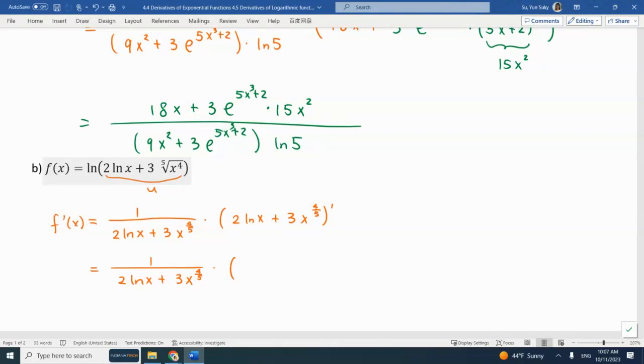Then the derivative of ln x is... what's the derivative of ln x? 1 over x. So 2 times 1 over x. The constant multiple stays here, and the derivative of ln x is 1 over x.